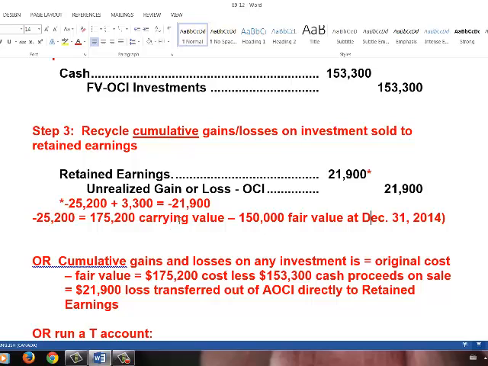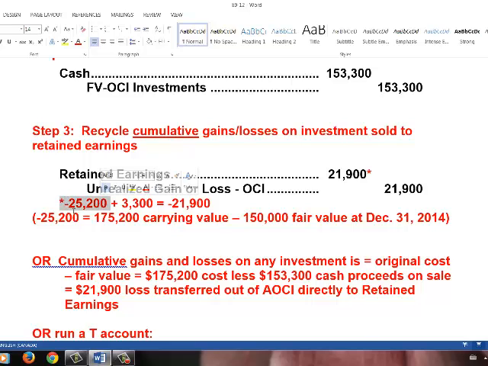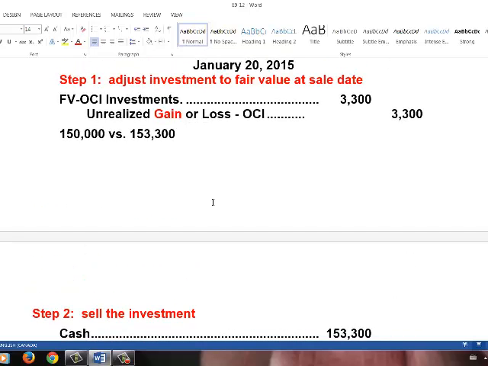Okay, so what you've got happening here is that the amount I'm calculating is equal to the carrying value at the end of December 2014, less the fair value at the end of December 2014. So that was the holding loss on the on shares at the beginning of 2015.